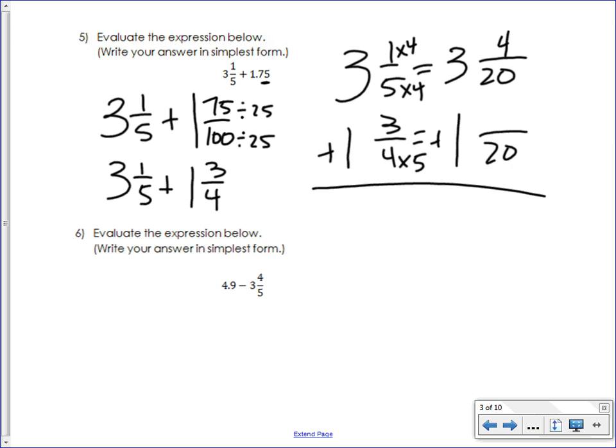And 4 times 5 is 20, 3 times 5 is 15. So when I add these together, 4 plus 15 is 19, and 3 plus 1 is 4. So your answer is 4 and 19/20.